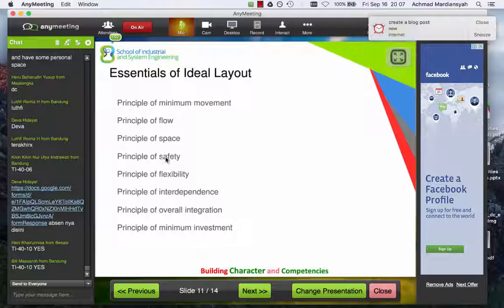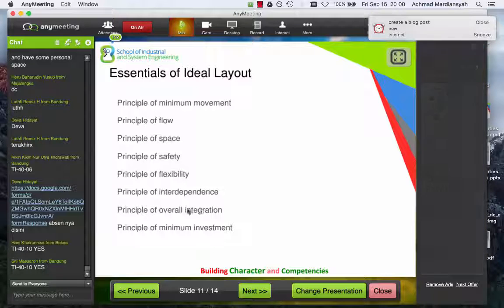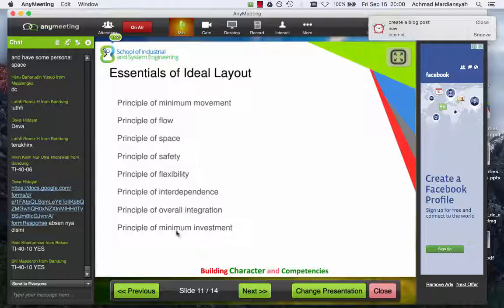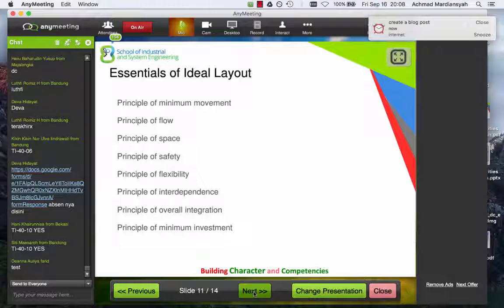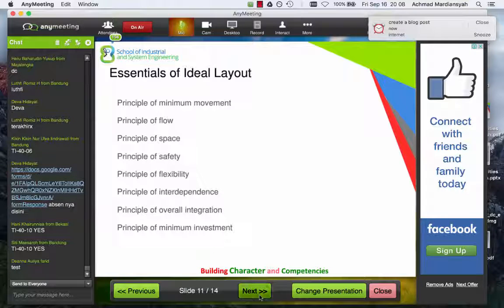Principle of safety: it has to be safe. Flexibility, interdependency, overall integration, minimum investment, so you don't want to spend much money on the layout. Okay, so you want to have efficient layouts for production. Integration, it needs to be integrated to other systems.